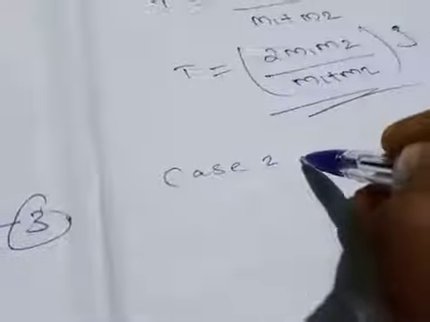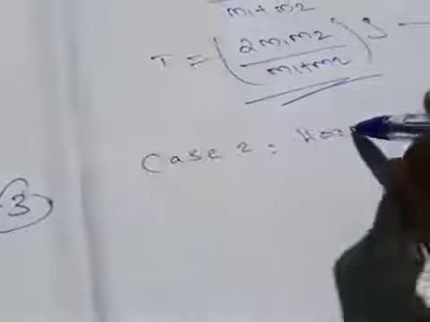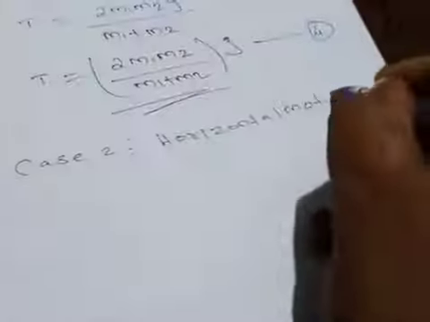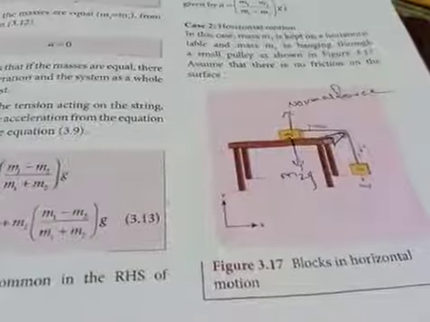So if you are writing case 2, horizontal motion, we have to draw the free body diagram for this. This diagram I am drawing, so listen to how I am drawing. First for mass M1.